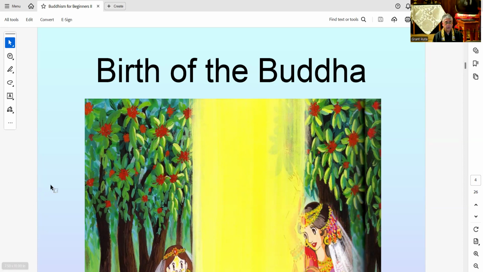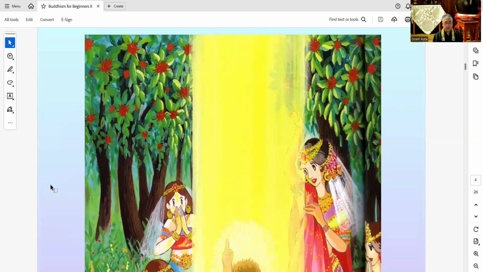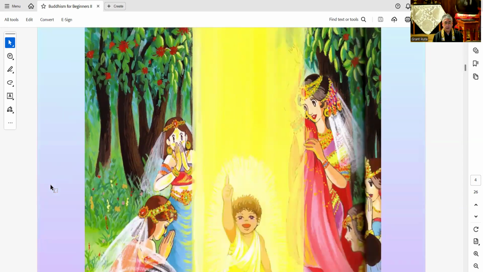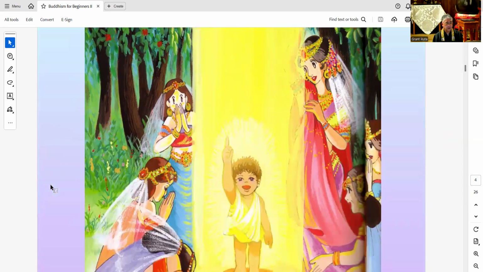And this is from a little booklet on the life of Buddha, a cartoonized or illustrated book.